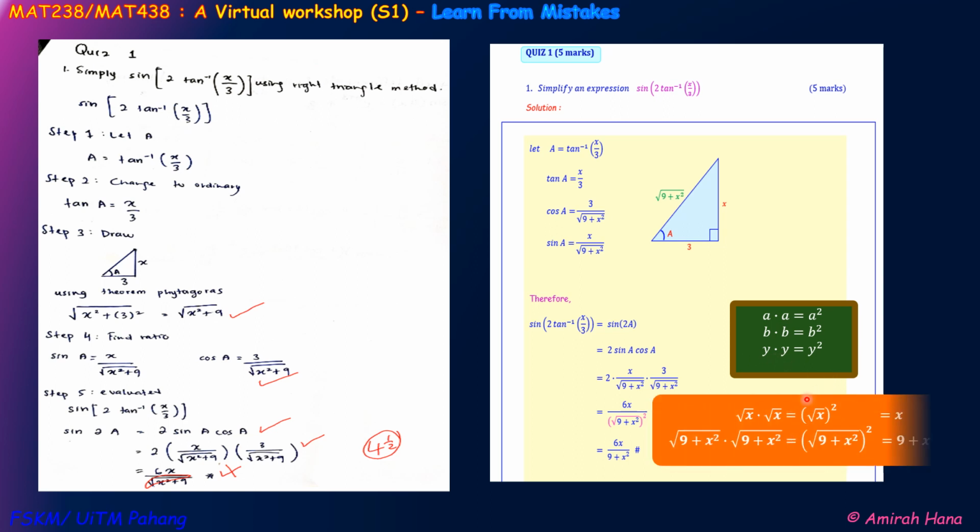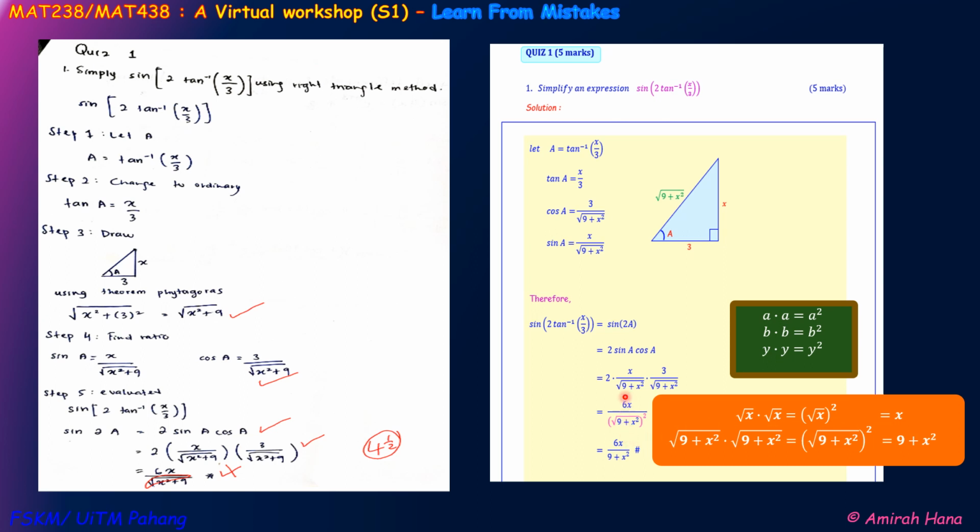Okay, macam mana kalau ada sec? Katakan sec X times sec X. Okay, so darab dengan benda yang sama. So kita akan dapat kuasa 2. So we can write sec X and then squared. And then squared dengan sec ni boleh simplify. So jadi X saja.